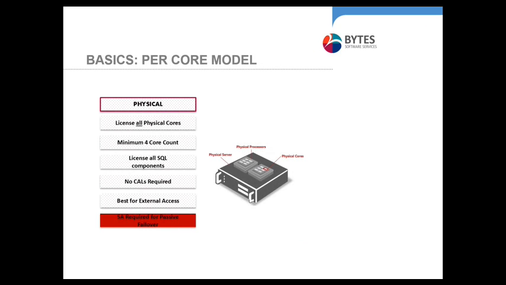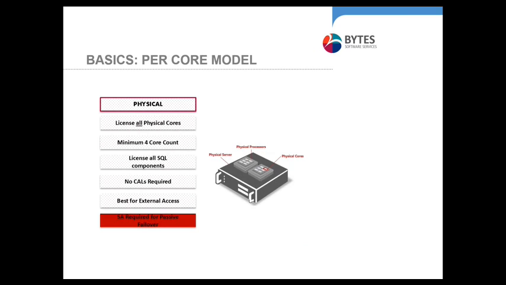Now the new core model, effectively what I'll do is break this down into both physical and virtual implications. Under the new per core licensing model, each server running SQL Server 2014 software or any of its components must be assigned an appropriate number of SQL Server 2014 core licenses.